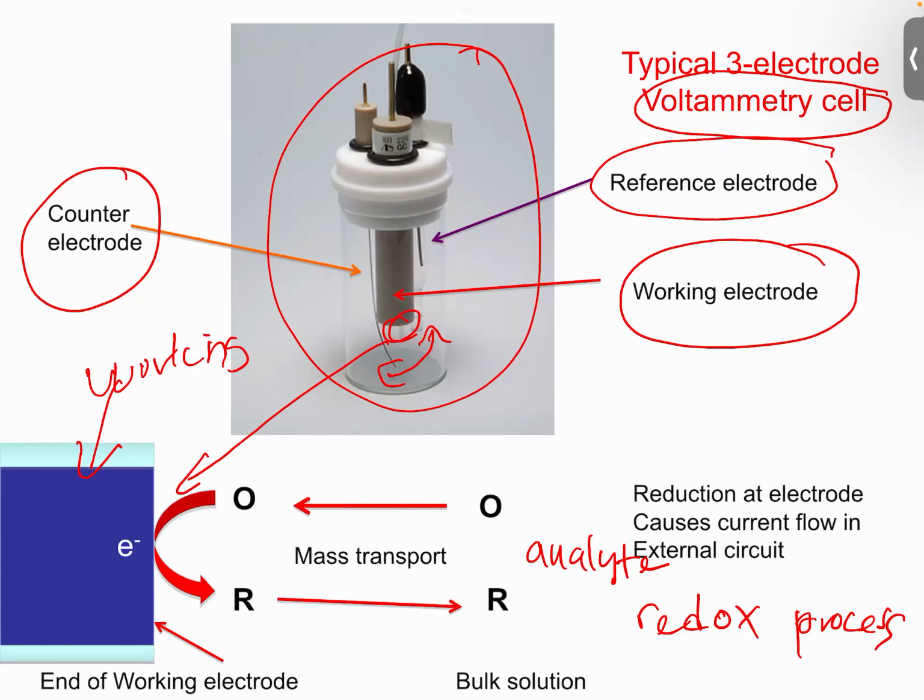Your analytes have to move towards the surface of the electrode, and then you will have an electron transfer between your analytes and the surface of the working electrode. So this is more or less what is happening, but of course it's more than that. This is the most basic thing that happens near the electrode.